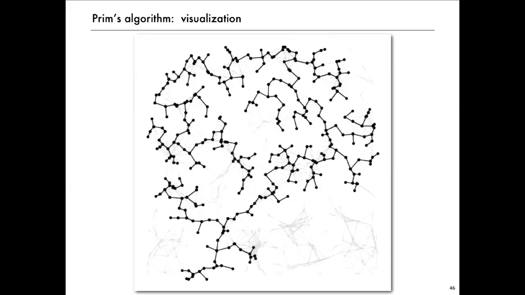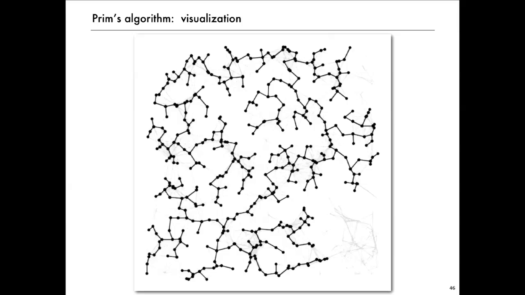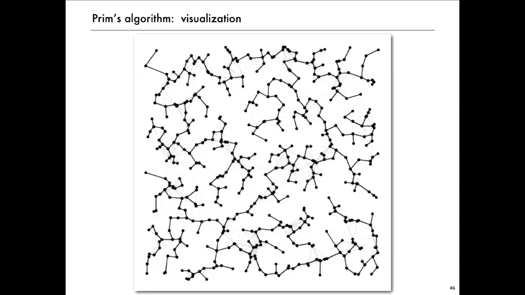You can see that when it's easy, it just sticks where it was, and when it runs into some long edges, it gets stuck and tries somewhere else. Always adding to the tree the shortest edge that connects a non-tree vertex to a tree vertex. And you can see the last few things to be added were the vertices in the upper left corner. So that's a visualization of Prim's algorithm. Completely different character, but it comes out to the same tree as Kruskal's algorithm, as long as the edge weights are distinct.